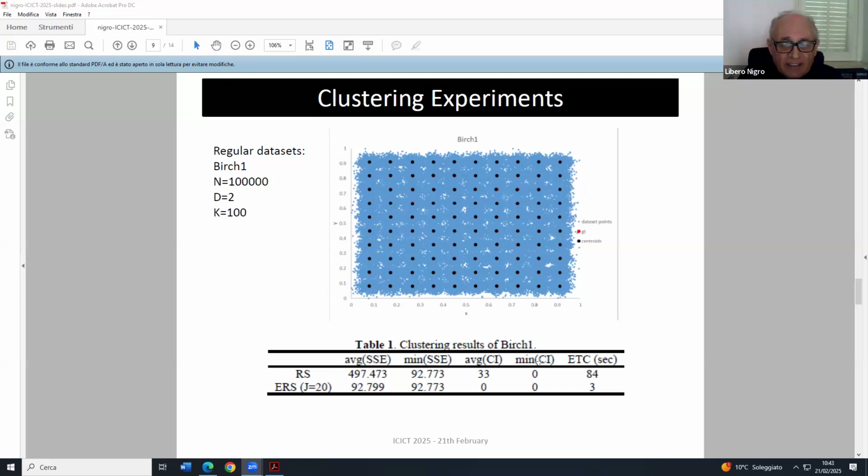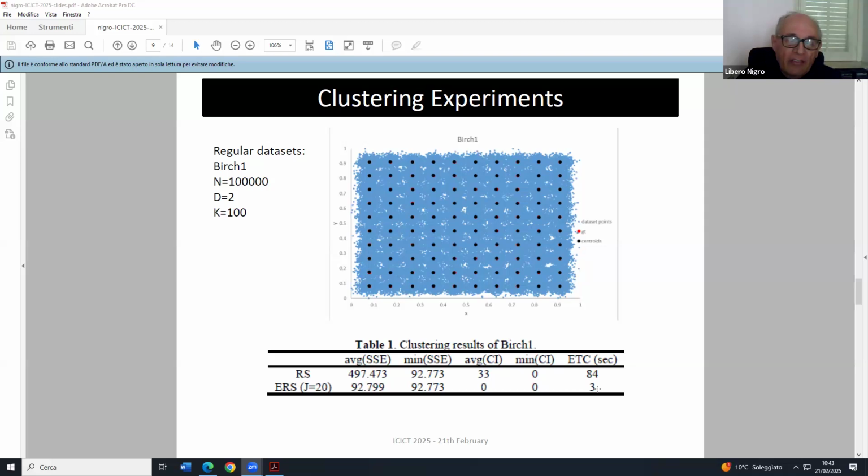This is a regular data set, but you see that when we use standard random swap, we achieve a minimum of 0 in 84 seconds of runtime. And you see that we also achieve the minimal 0 value of centroid index, but in this case in 3 seconds, after we have built the population, which consumes another 5 seconds.